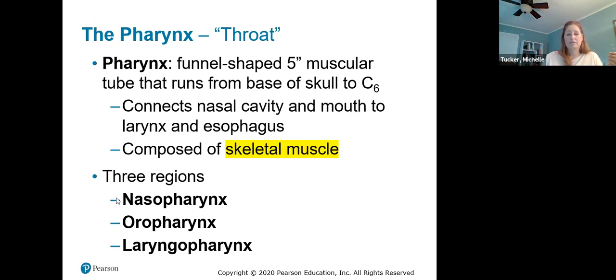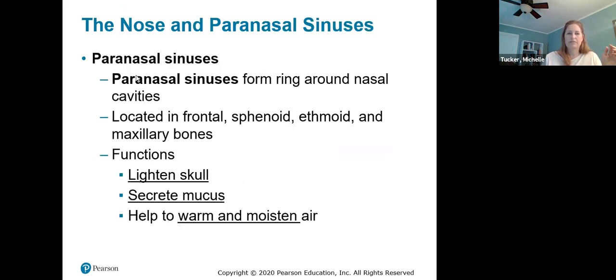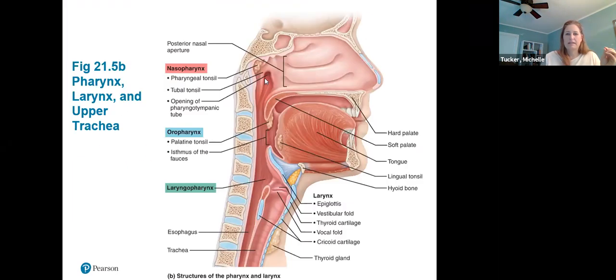The difference in the nasopharynx is that only air is going to pass through. So the nasopharynx is the upper segment. Then we have the oropharynx, this middle segment. And then the laryngopharynx is down here by the larynx.